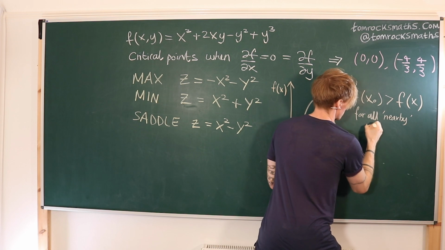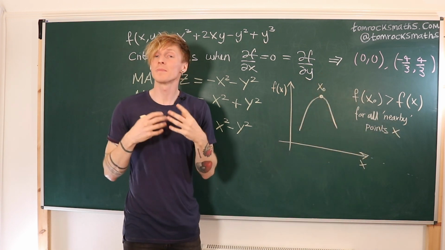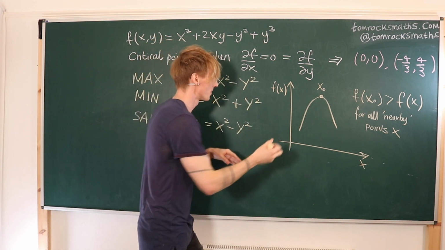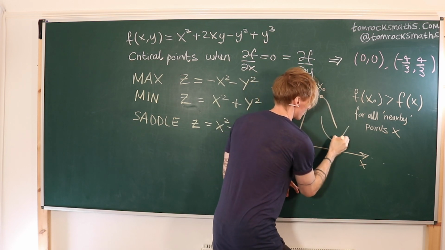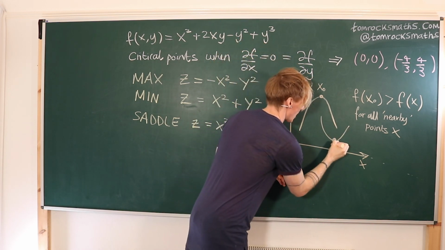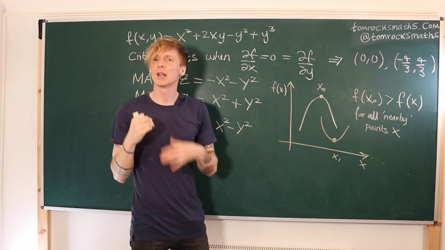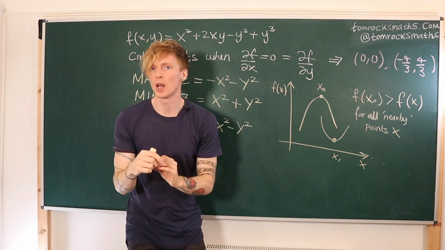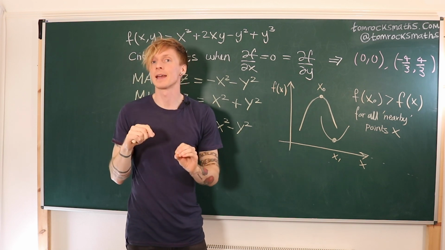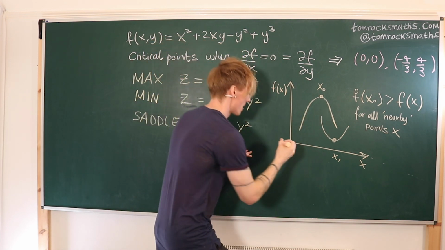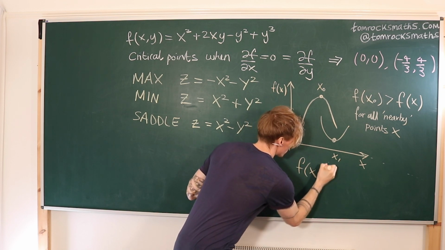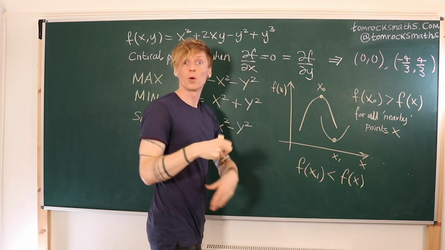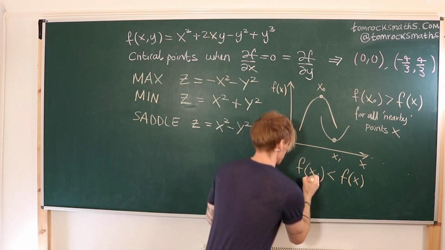Now a local minimum works very much in the same way. At the local minimum, which of course would have this shape, and let's suppose this is at x1, the value of f at that point must be smaller than at all surrounding nearby points. So at our minimum, f of x1 is less than f of x for all nearby points x once again.